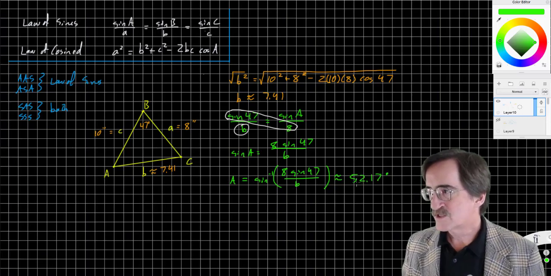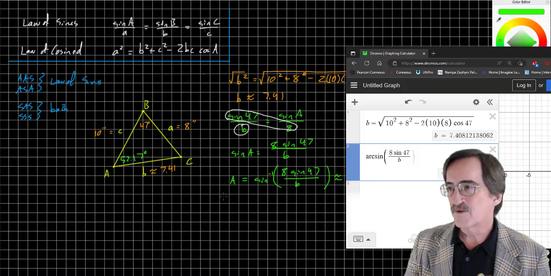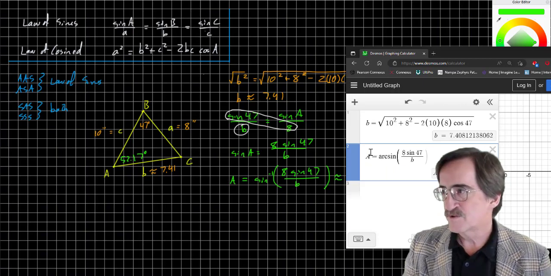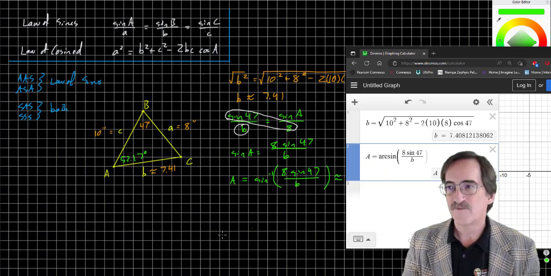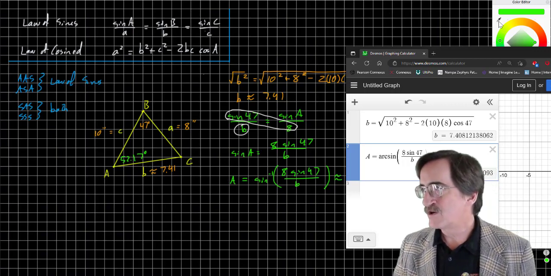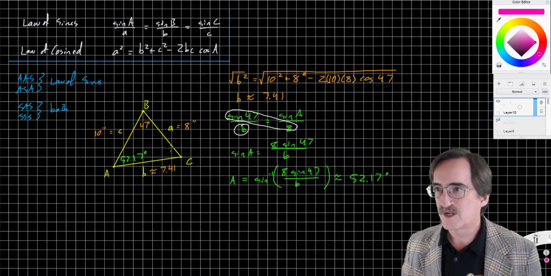Okay, and arc sine gives me an angle, 52.17 degrees. Okay, and the other thing I'm going to do here, so I don't have to type that again, is I'm going to say capital A equals 52.17. Okay, and now to find angle C, it's simply a matter of using the fact that the triangle angles should add up to 180.